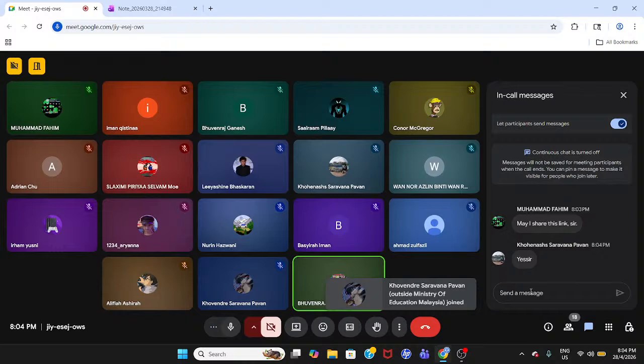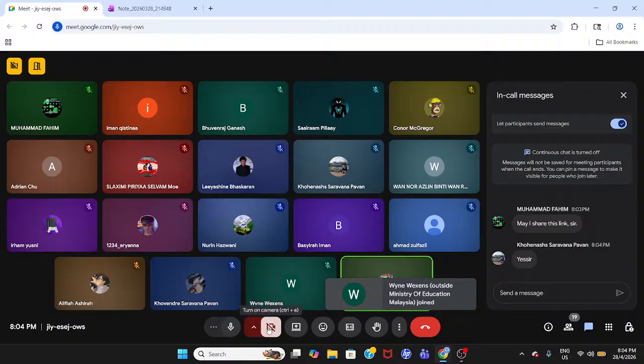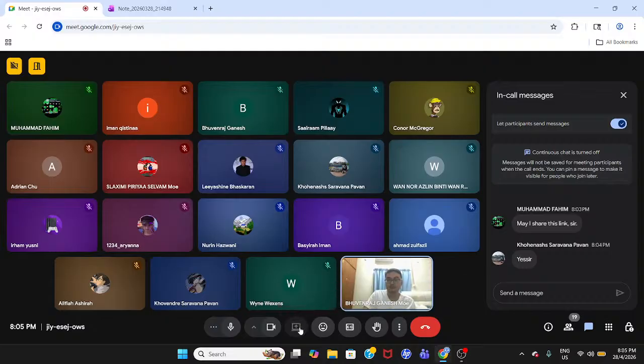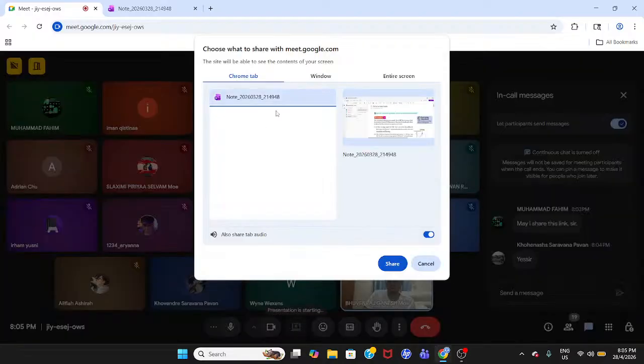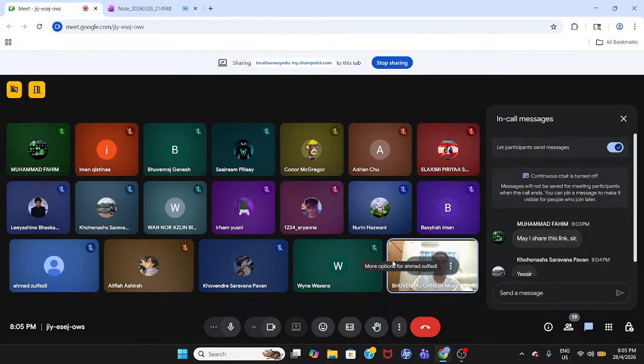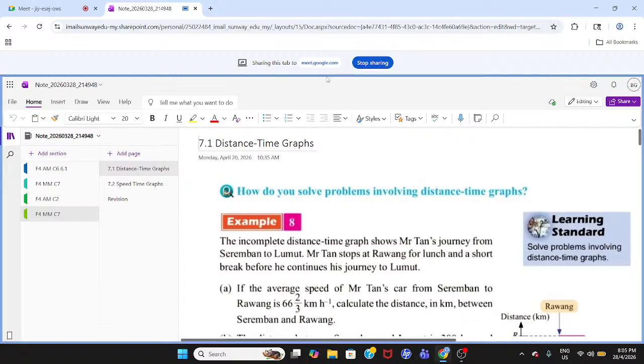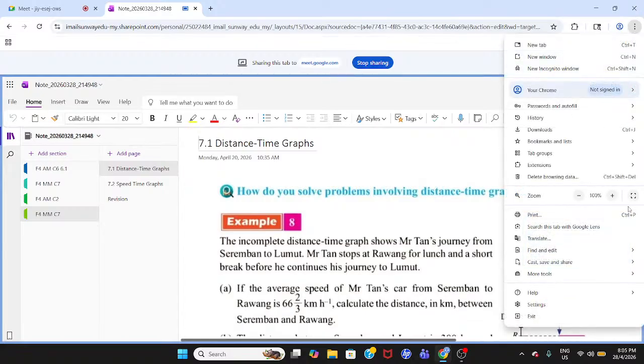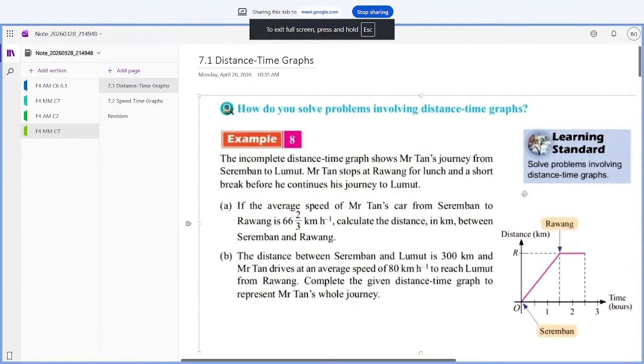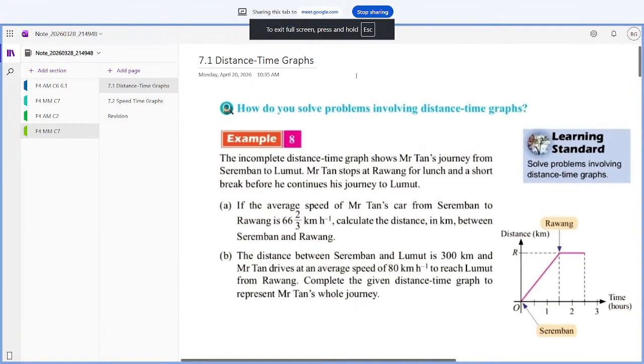Okay. All right, so I think we can start already. It's going to be 8:05. Let me open cam, and then share screen. Okay, guys, can you all see my screen? Semua boleh nampak screen saya tak? Yang saya share. Yes or no?